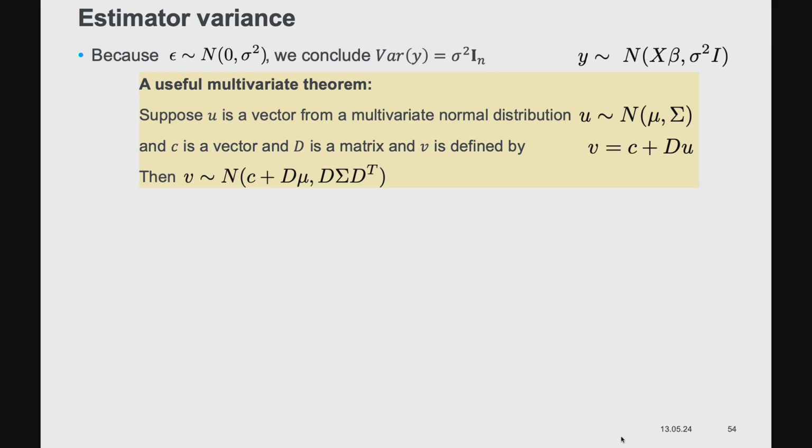If we had a covariance matrix sigma, and then we have such a linear operation which consists of a bias plus a linear modification of another random variable, then this matrix D that works linearly on this vector will influence the covariance matrix in this way: D sigma D transposed leads us to the resulting covariance matrix.